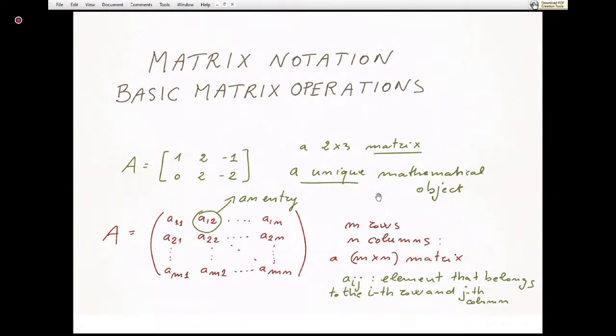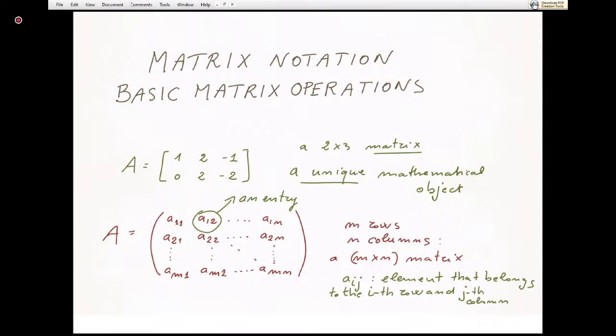This is the definition, but never regard a matrix as just an array of numbers. It's not a good strategy to work out problems with matrices. Regard them as a unique mathematical object, and if you want to see the structure, decompose them as a certain number of row vectors or a certain number of column vectors.